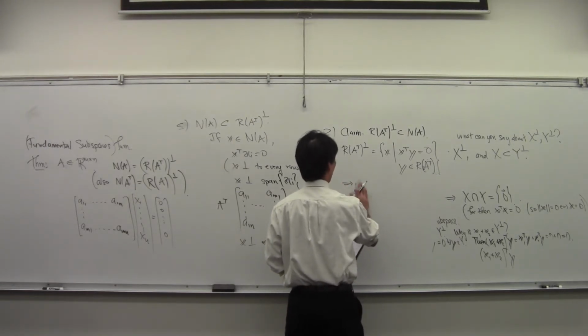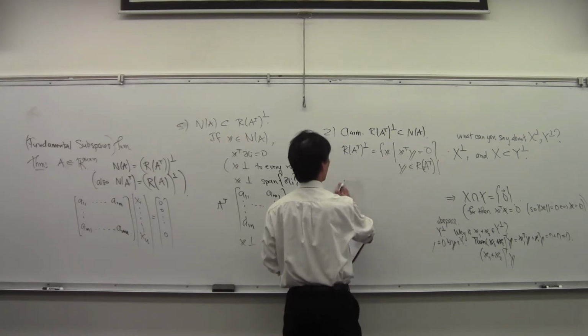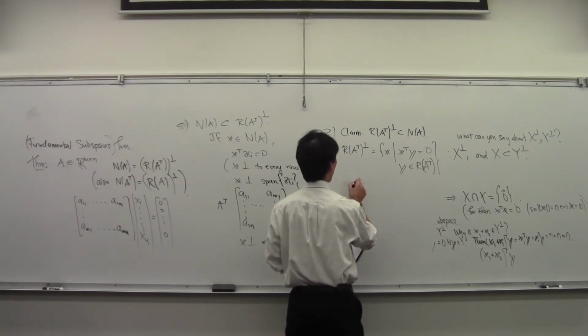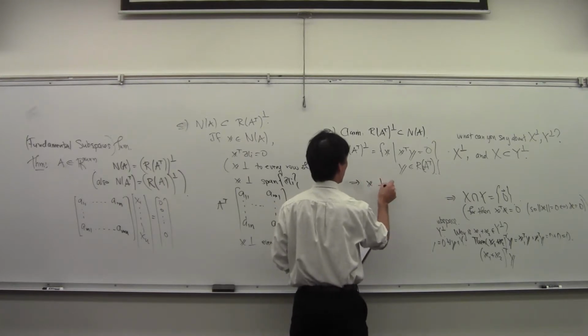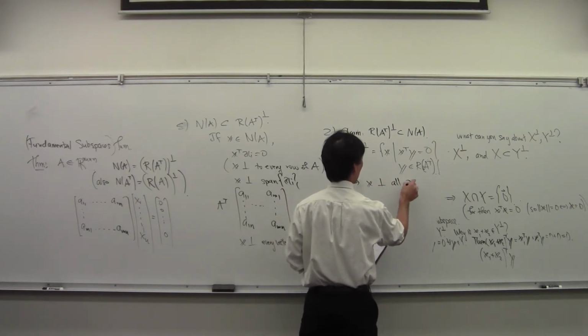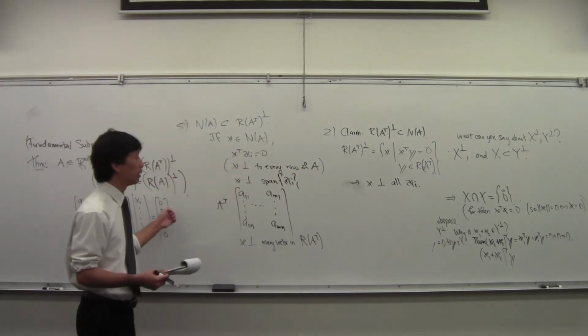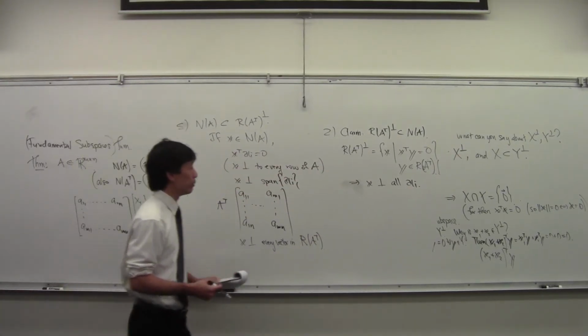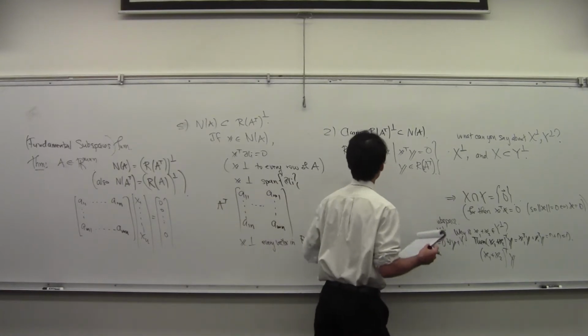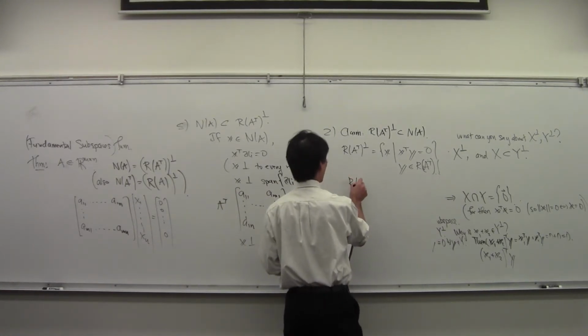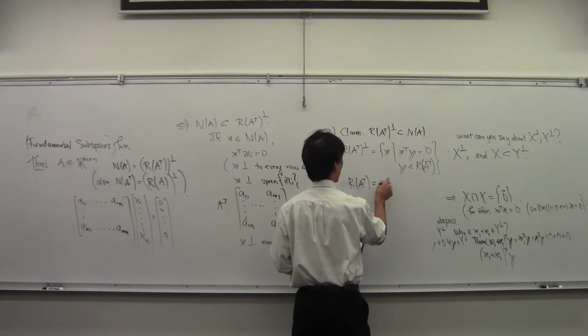Then x would be perpendicular to all of the AI, because the range of A transpose is the span of the AI.